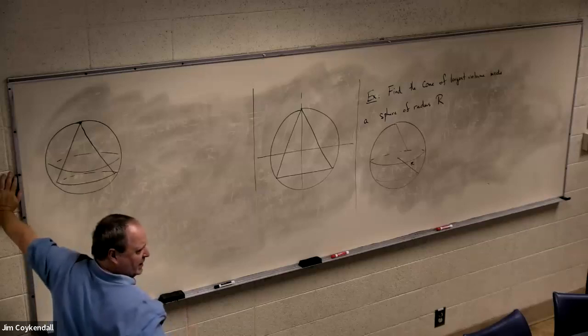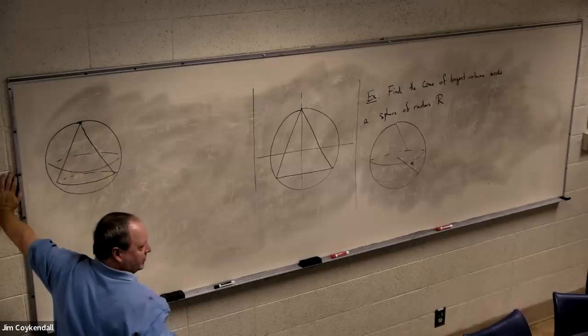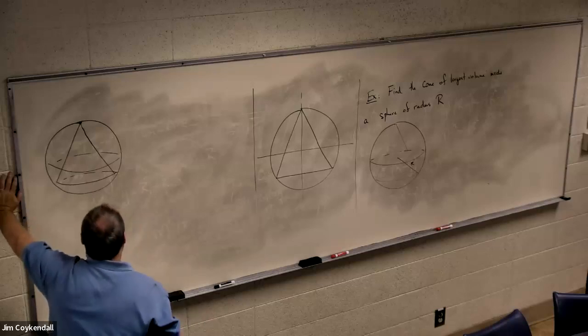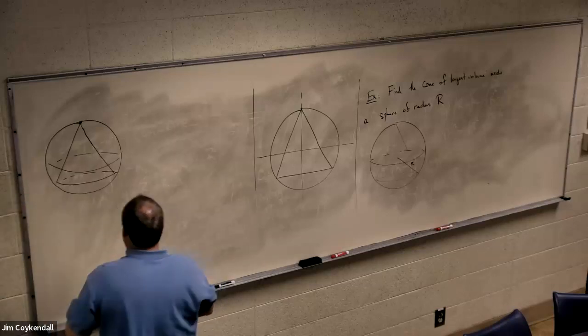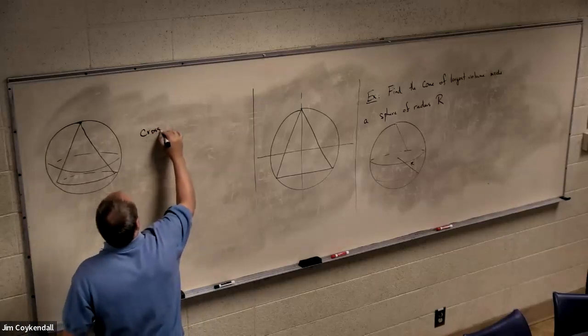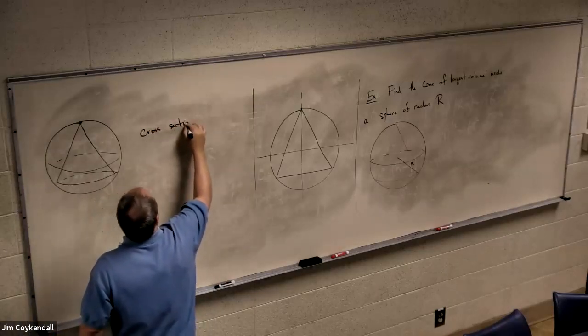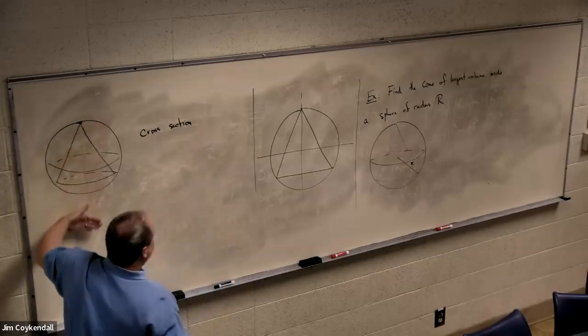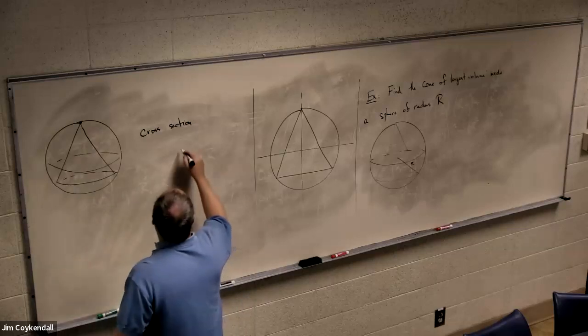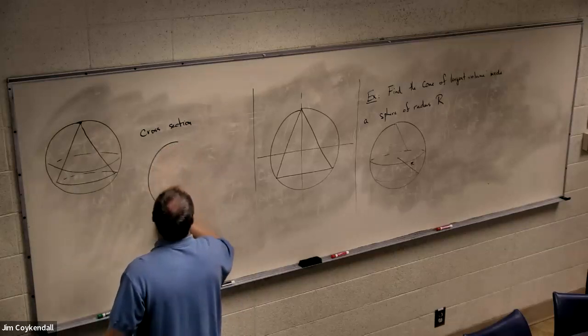This is confusing. So let me see if I can get it simply. It gets down to brass tacks. How about this? Let's look at a cross section. That is, bring down a guillotine, cut that in half, and see what's inside. And a cross section will look like this.